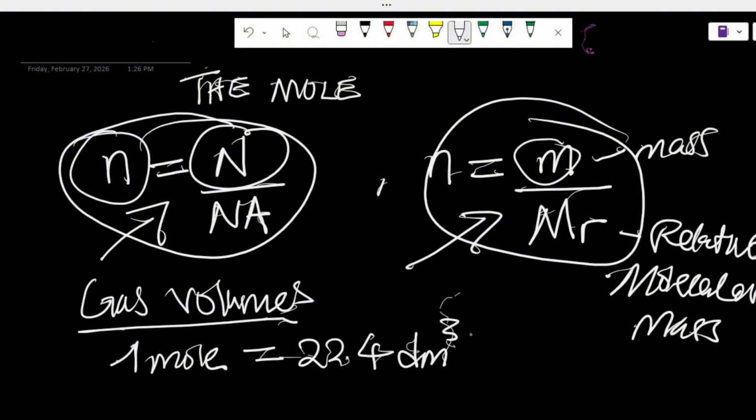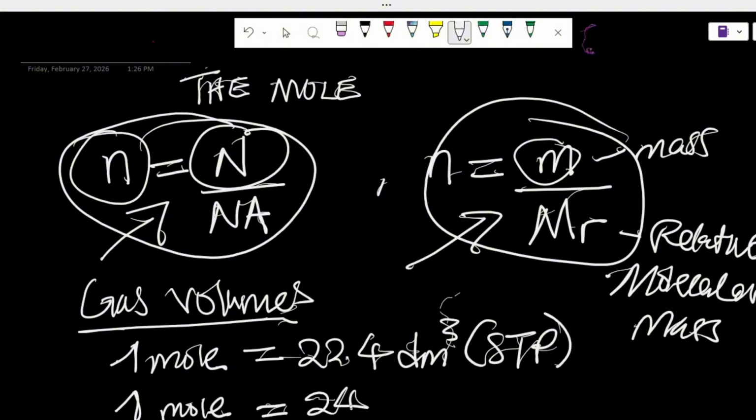That is if you are dealing with the standard temperature and pressure. If you are dealing with the room temperature and pressure, this 1 mole is equivalent to 24 decimeter cubed. That is at room temperature and pressure. So make sure that you understand this information as well, because it's going to help you as you deal with problems on the mole concept.